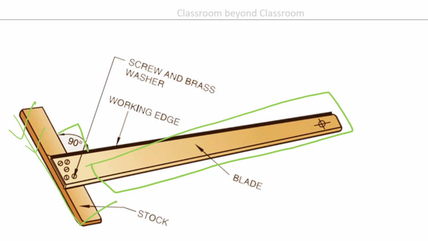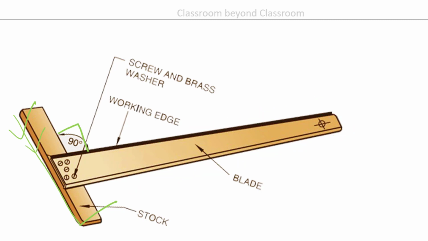The top edge of the blade is used as the working edge. That means to draw anything we can use the top edge of the T-square. To draw horizontal lines you can use the working edge of the T-square.